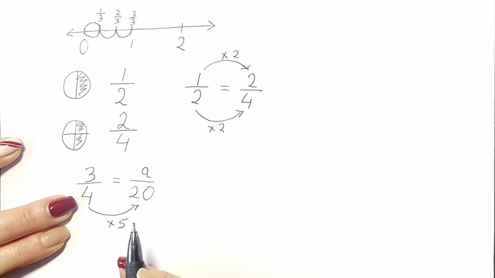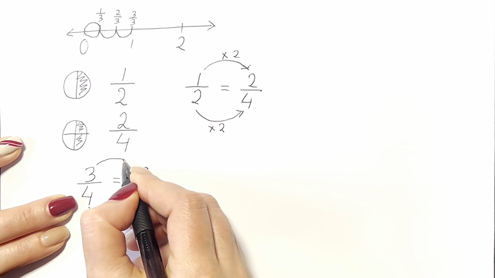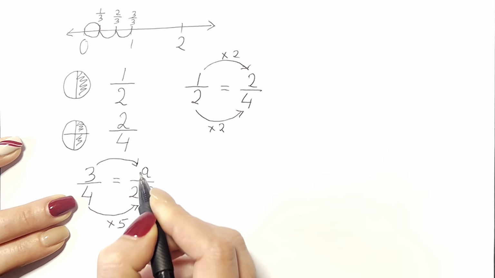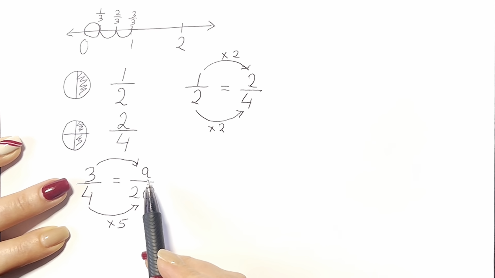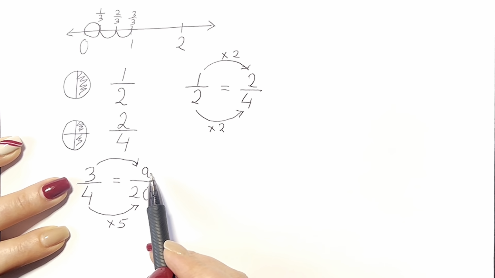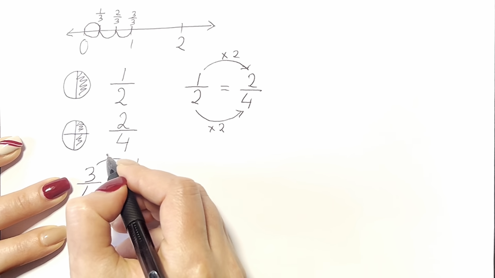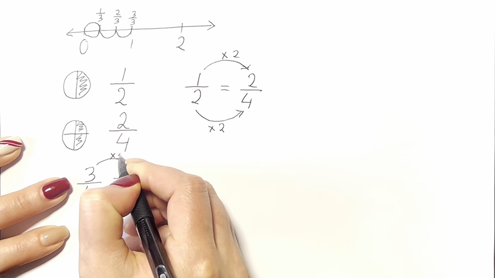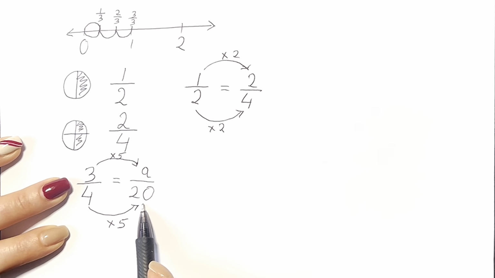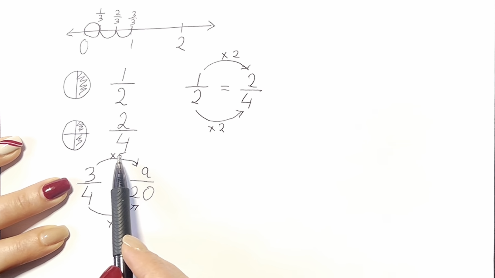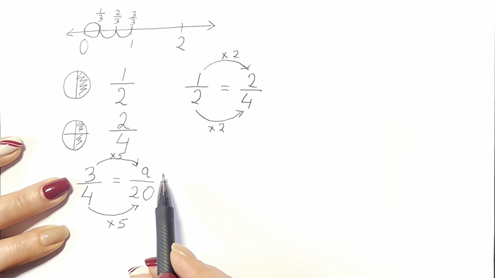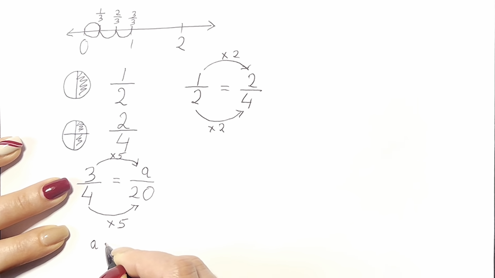So it means we have to do the same in the numerator. The second fraction's numerator has to be 5 times bigger than 3. So we're gonna multiply by 5. So it means 3 times 5, a is gonna be equal to 15.